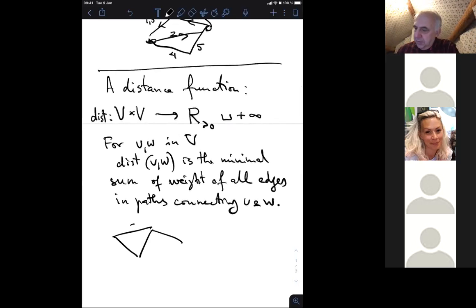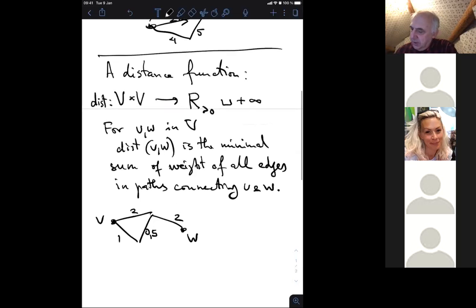Say I put weights like this, and I want the distance between v and w. We have two natural paths connecting v and w. One goes through, say, u, and call this other vertex z.